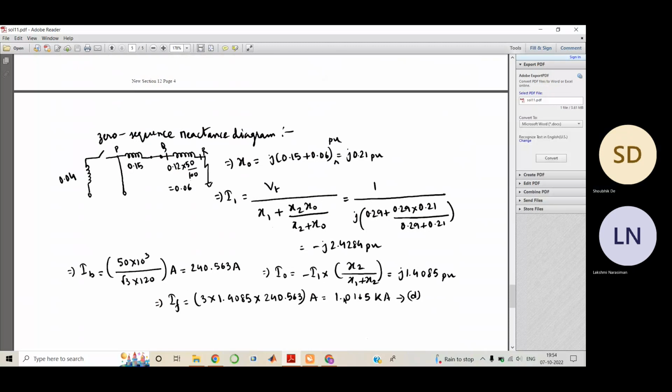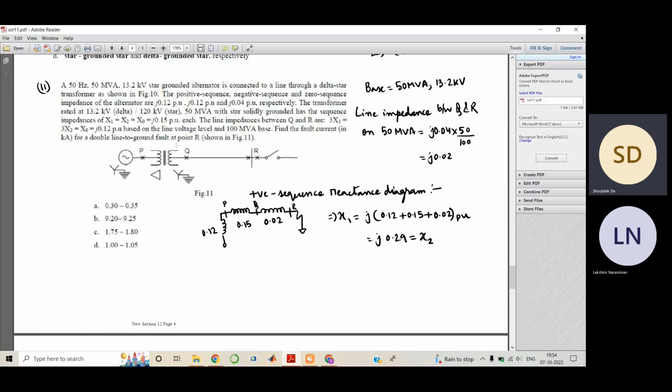One important thing: this is a transformer, with 13.2 kV and 120 kV sides, and we are trying to find the fault level at point R. So this is a 120 kV line.